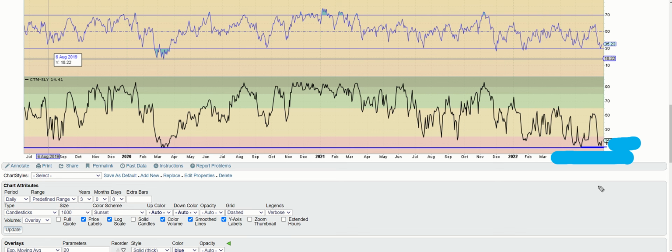Bullish divergence on the Chande Trend Meter. Could this trend meter be telling us, yes, we are in the pink shaded area, so we have a strong downtrend, but it is starting to lose its strength to the downside?